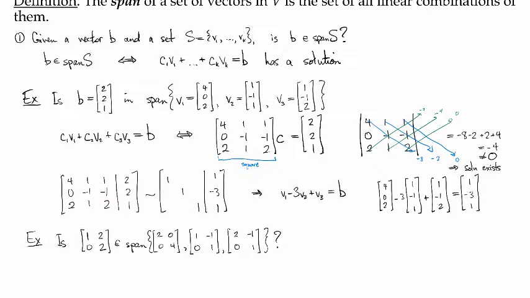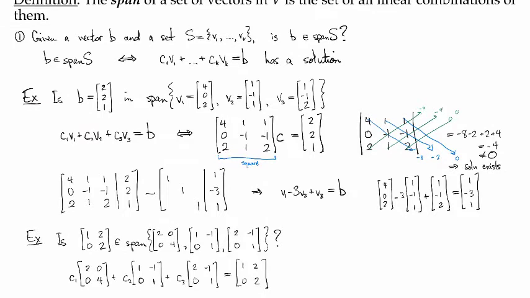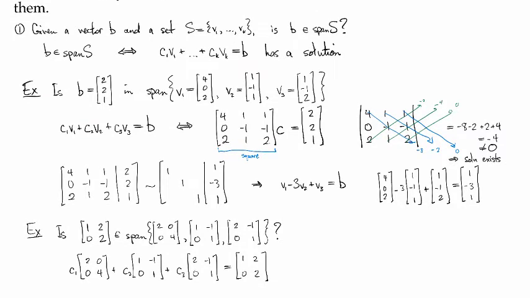So that question would be answered by trying to determine whether or not there are coefficients c1, c2, c3 such that if you did c1 times the first matrix plus c2 times the second matrix plus c3 times the third matrix, you would end up with the given matrix. All right, so can we solve this? Well, let's just look entry-wise. For example, this entry of the matrix right here is going to be c1 times 2 plus c2 times 1 plus c3 times 2.